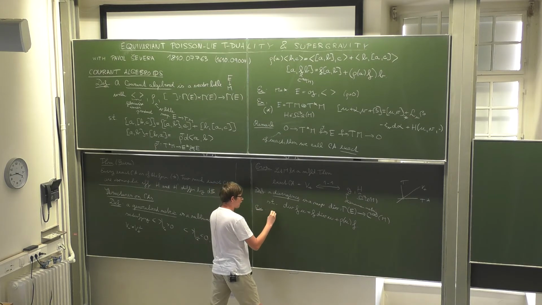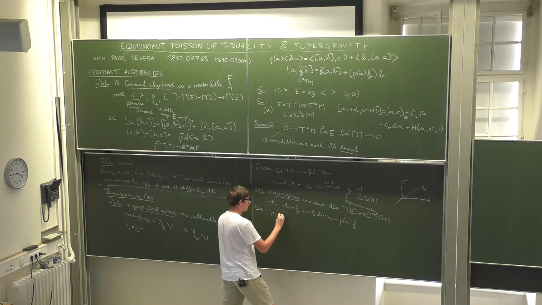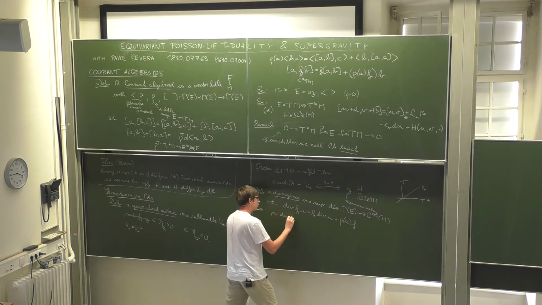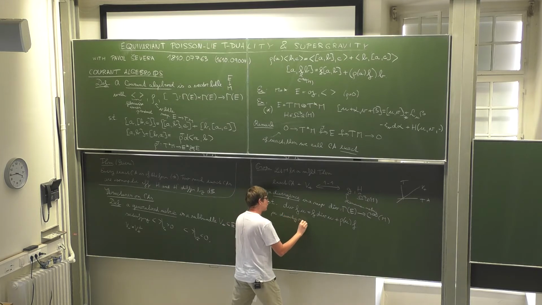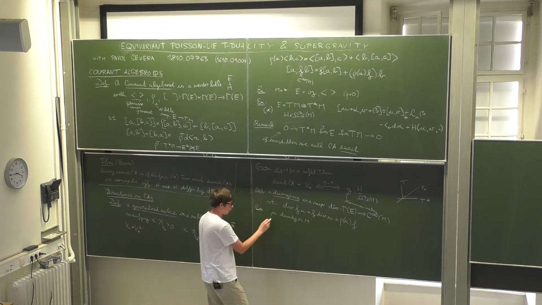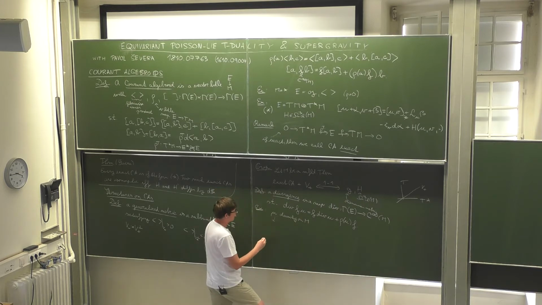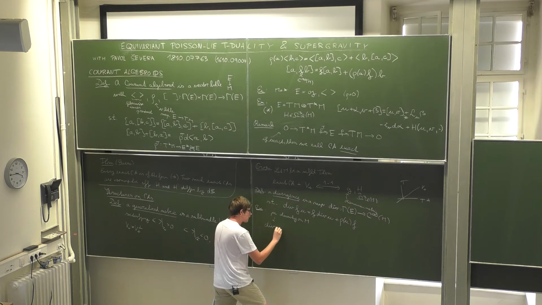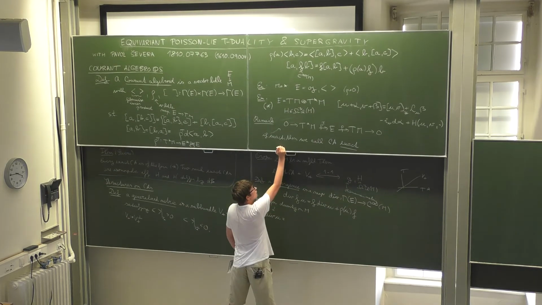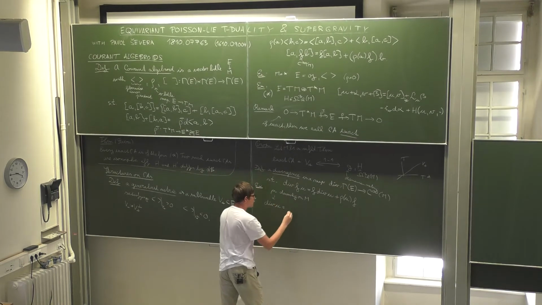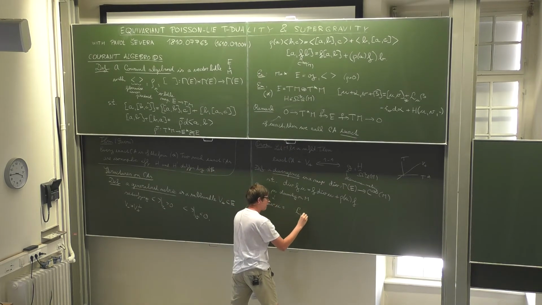So if you have a volume form, or a density. So suppose mu is a density or a volume form, then for such piece of data, we can define a divergence, which is given simply by taking a Lie derivative.